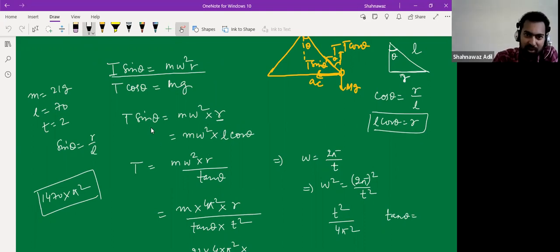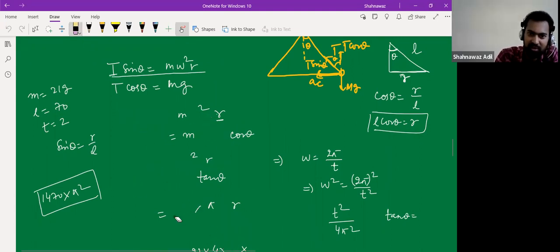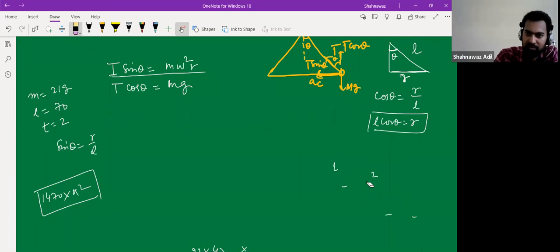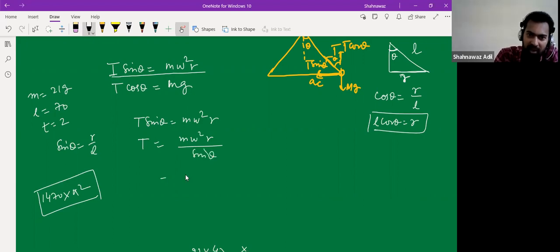Yes. So from here, T sine theta is m omega square R, and T is m omega square R by sine theta, and this is 4 pi square by T square.